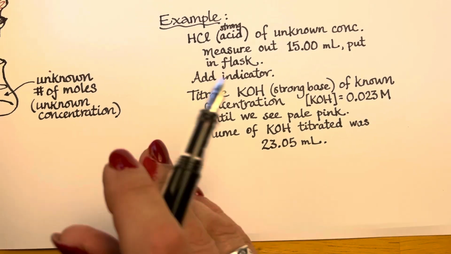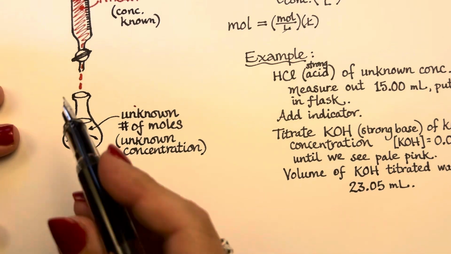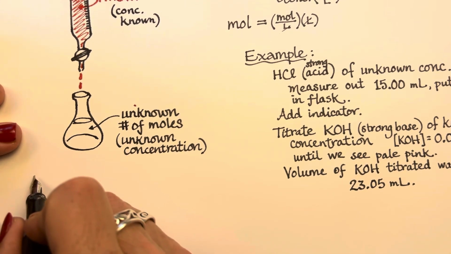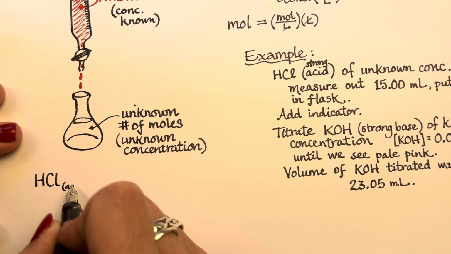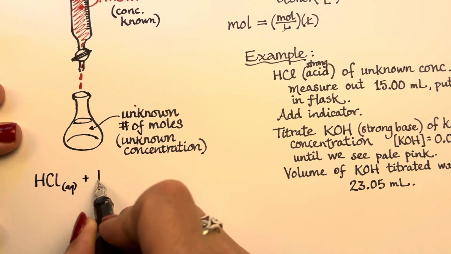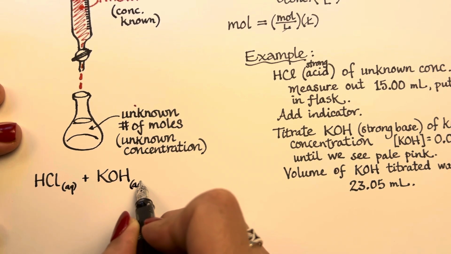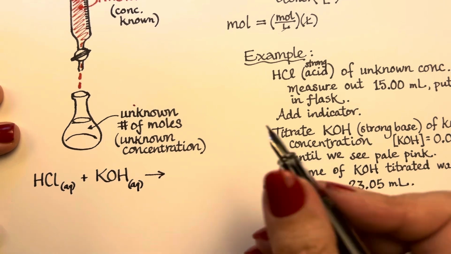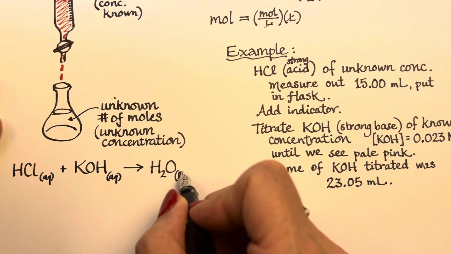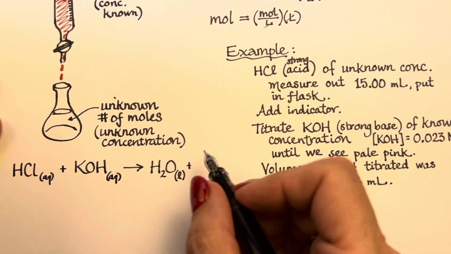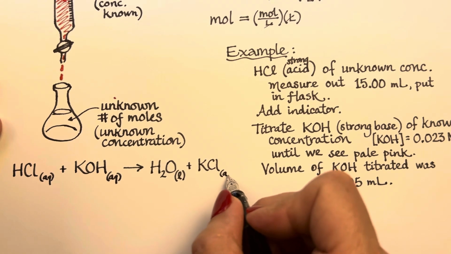So, in this titration, what's happening is we have HCl, aqueous solution, and it is reacting with potassium hydroxide, aqueous, forming water and KCl, the salt.